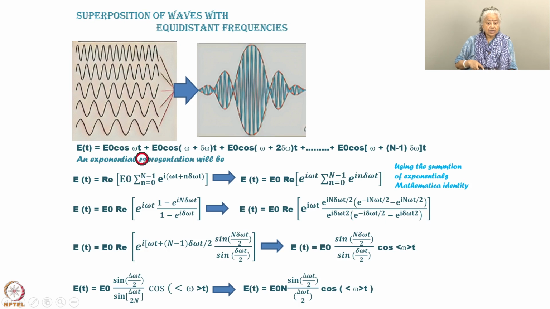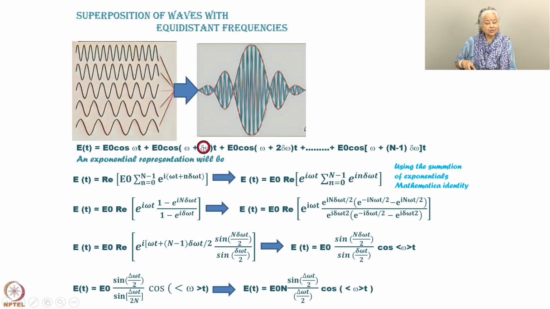Okay. So suppose I superpose all of them, E(t), the final one, will be E0. Remember, E0 was the amplitude, all of them have the same amplitude. E0 cos omega t, omega is the first frequency. Then you have E0 cos (omega plus delta omega) t, delta omega is the frequency separation.